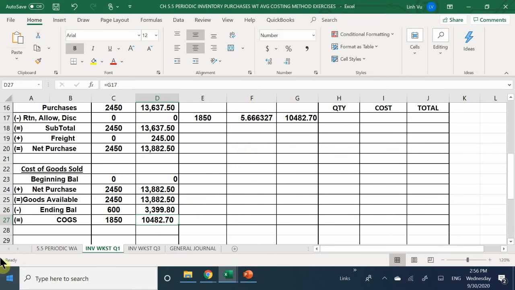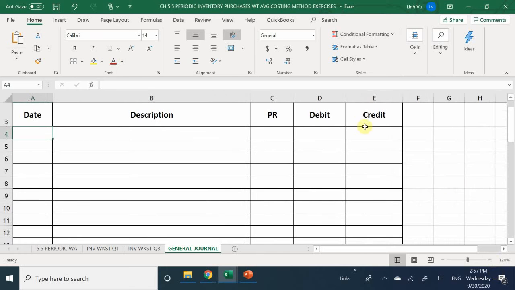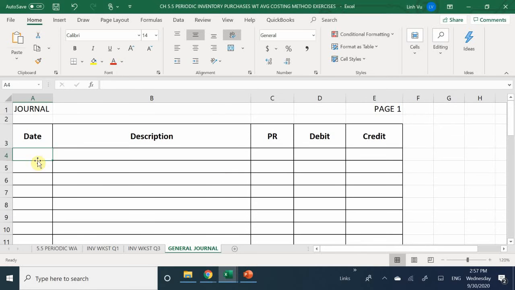So let's go ahead and practice our journal entry here. Again, we are looking at converting our purchases and expenses into inventory. In this case, I believe I'm on April 30th.